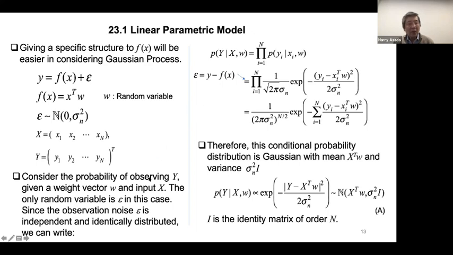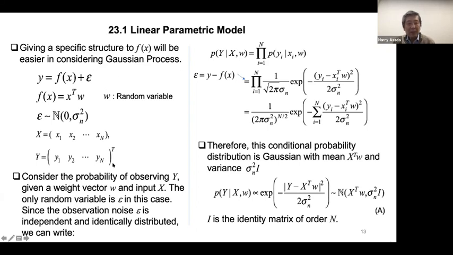The only random variable is epsilon in this case, because in this conditional probability w is given. So the stochasticity of y comes from epsilon alone.